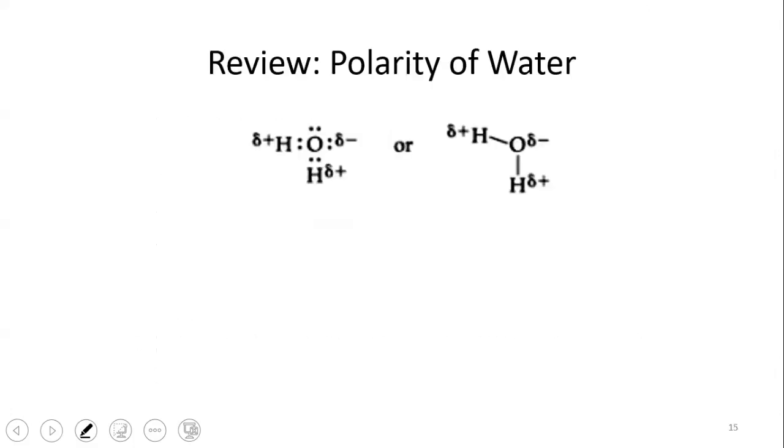Let's start out by looking at the molecules of water. Remember that if we draw the structure of water, either as a Lewis structure or as a VSEPR structure with its proper bent shape, you remember that we said that because of the electronegativity of the oxygen in here, the hydrogen-oxygen bonds are polar with a partially negative charge on the oxygen atoms and partially positive charges on the hydrogen atoms, right?